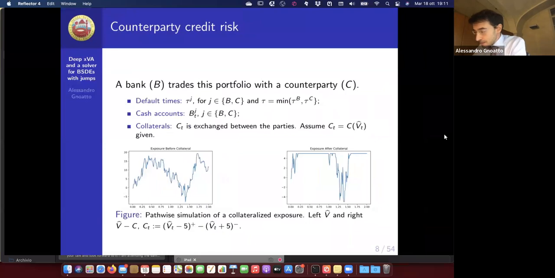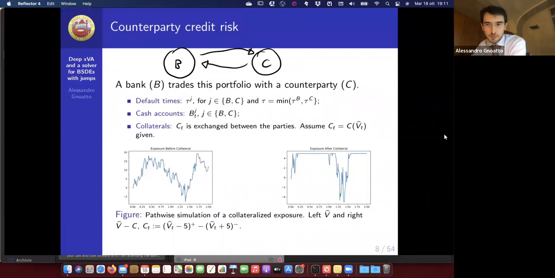I mentioned as a motivation for the introduction of valuation adjustment counterparty credit risk. The idea is that you have two agents, the bank and the counterparty, and since they are entering this whole family of contingent claims, they exchange cash flows. Just think about a portfolio of interest rate swaps if you want.